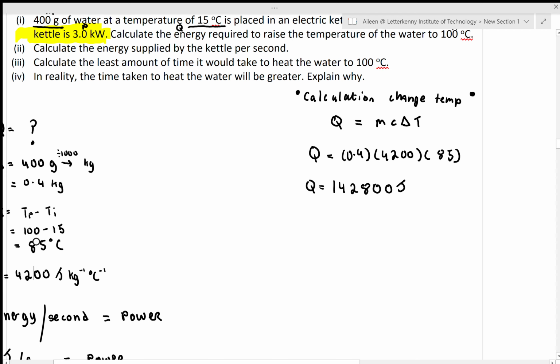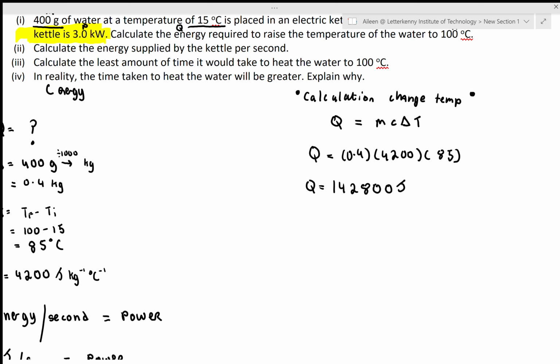So in part 4, we're told that in reality, the time taken to heat the water will be much greater. So explain why. Well, we're assuming that all of this energy is going to heat the water. But energy will be lost to the surroundings as well. So when you have your kettle on, not all of that electrical energy is being given to heat the water.